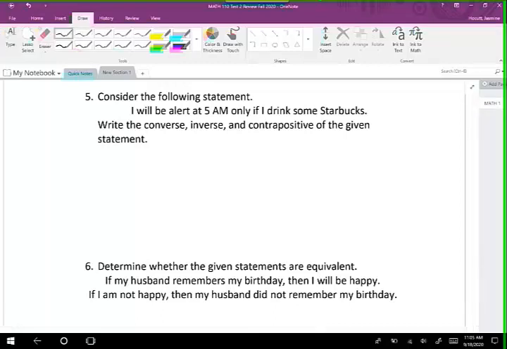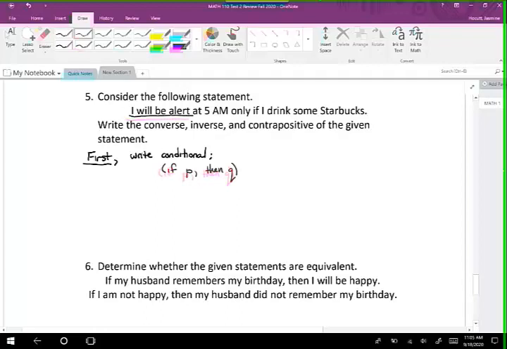Now, this is not in the conditional form yet. So first thing we're going to do is write the conditional. And you may have noticed that for this type of problem, we had a step-by-step format where the first part of the problem was to get the if P then Q form. And then once you had that, you could figure out the rest of the problem.